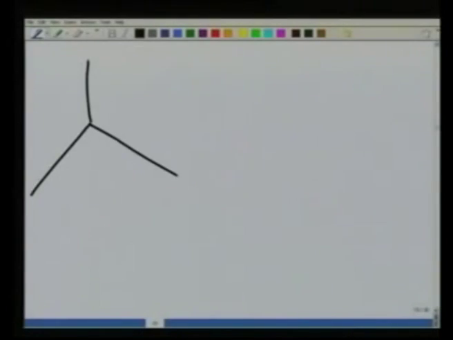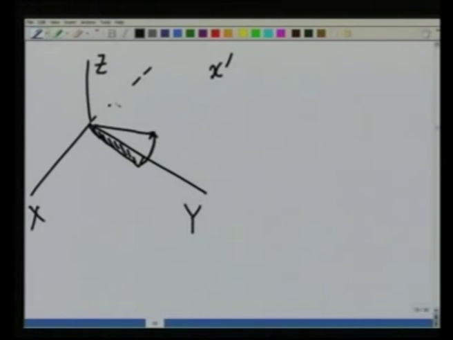So, now what I am going to do is take the same rod, x axis, y axis, z axis, first give it a rotation about the z axis in the xy plane by an angle delta theta z counterclockwise. So, when it rotates like this in the xy plane, you can see that x prime is going to be this projection.